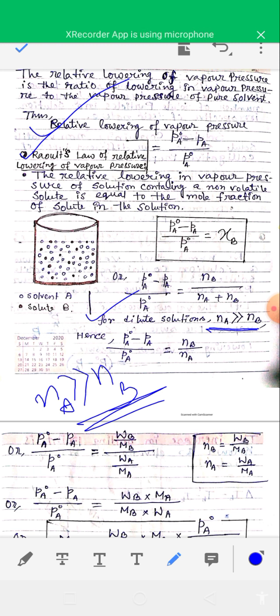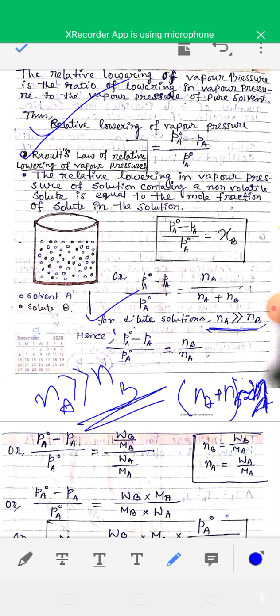So you can write that Na plus Nb is almost equal to Na, because the value of Na is greater than Nb. Number of moles of solvent in the solution is very high compared to the number of moles of solute in the solution. So you can assume that Na plus Nb is almost equal to Na.